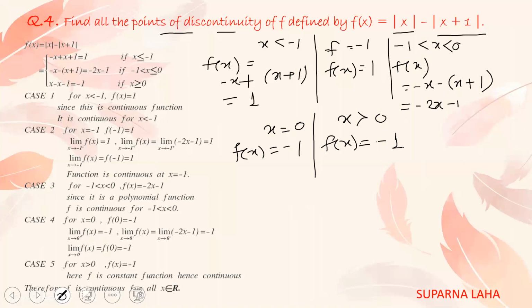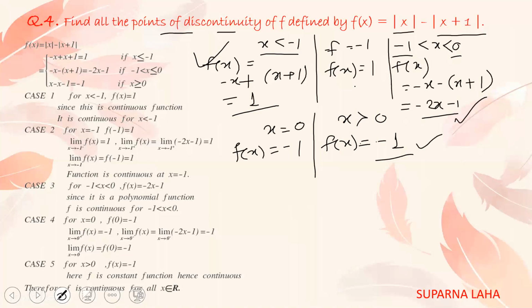Now check the limiting value of this function. For x less than minus 1, it's a constant function, always continuous. For minus 1 to 0, again a polynomial function, always continuous. Now for x greater than 0, constant function, always continuous.